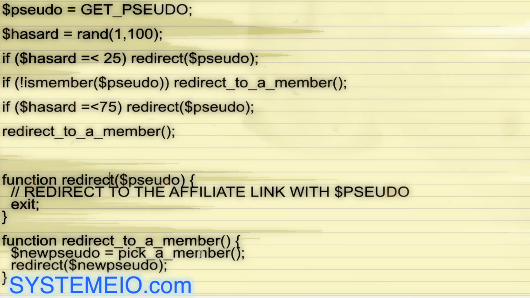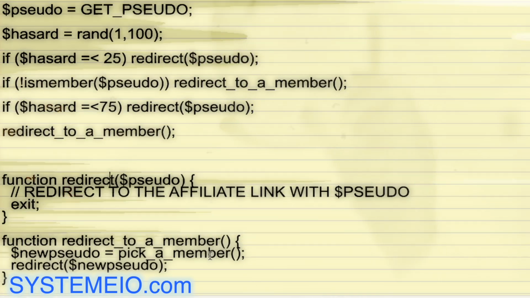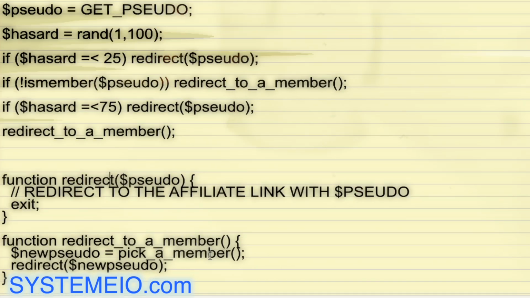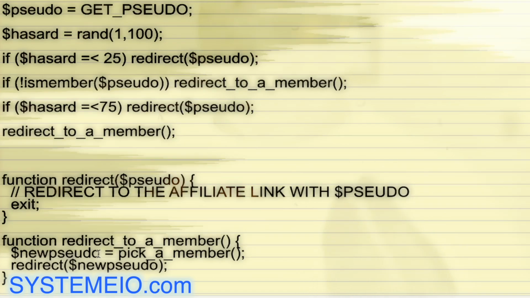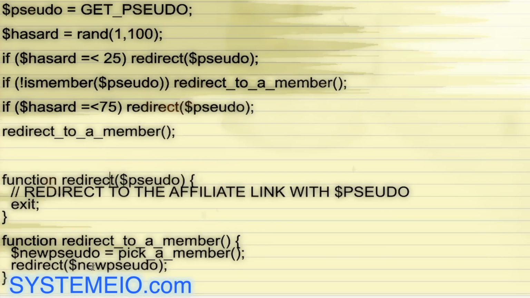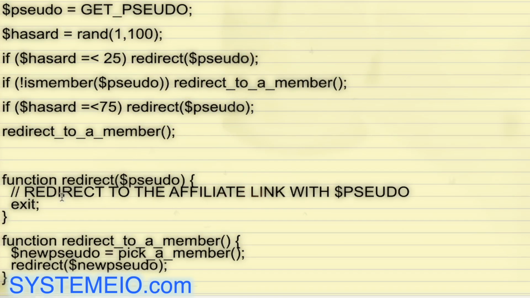In this function, pick a member, you will have the list of all your members, and you will pick one of them at random, and you will return the affiliate ID of this member. So in new pseudo, you will get the affiliate ID that will win this share. And you redirect to this new pseudo, new affiliate ID. So redirect will send it and exit.